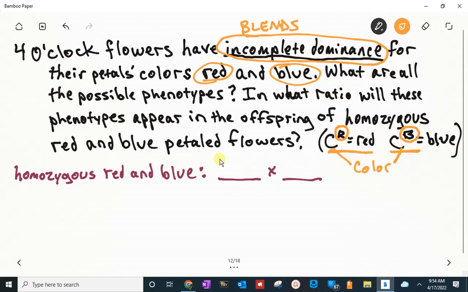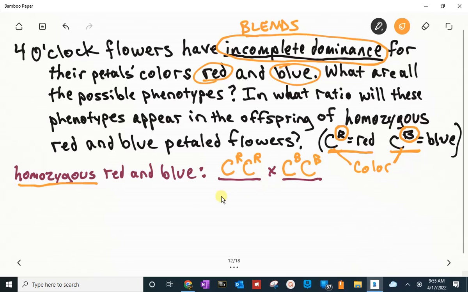So if you have petals that are red, and these are going to be homozygous parents, so they're going to have two reds crossing with a flower that has blue genotypes, then what are all the possible phenotypes?